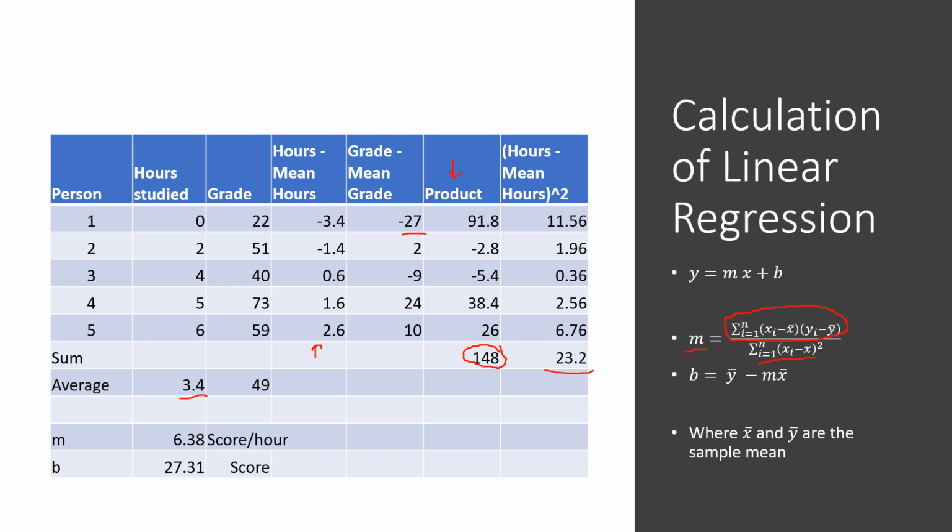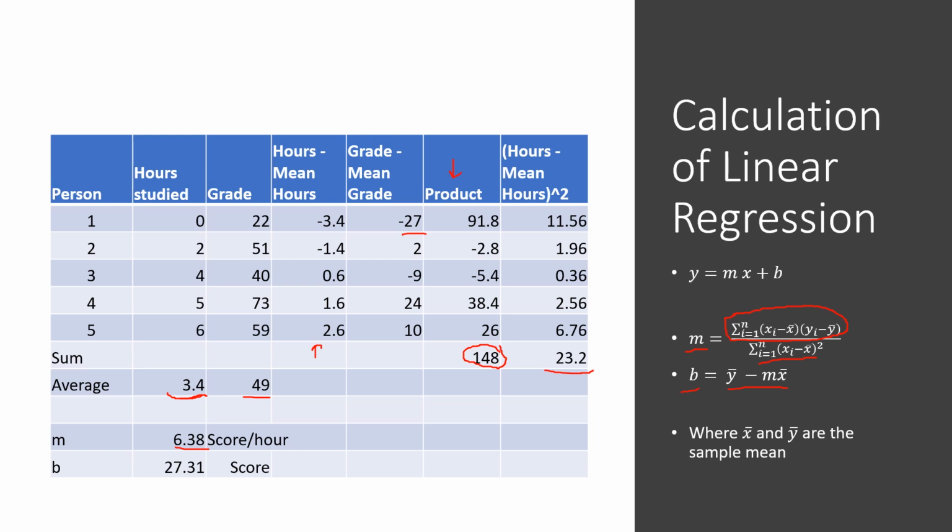We end up with 6.38. Then we take that m value and substitute it in here, where y bar is 49 and x bar is the mean number of hours studied, 3.4. We take y bar minus m times x bar, and we end up with b.